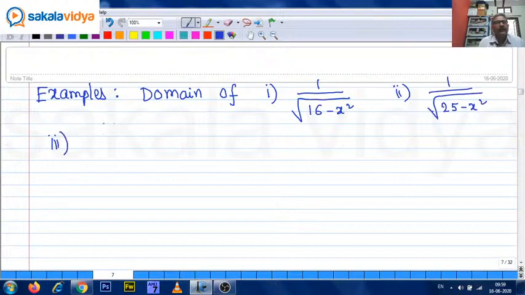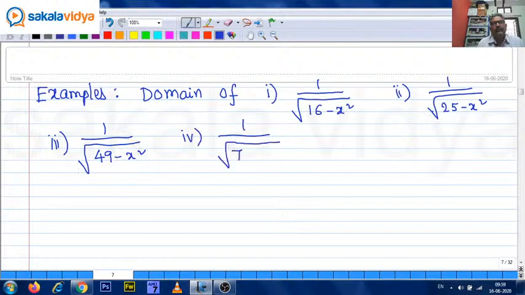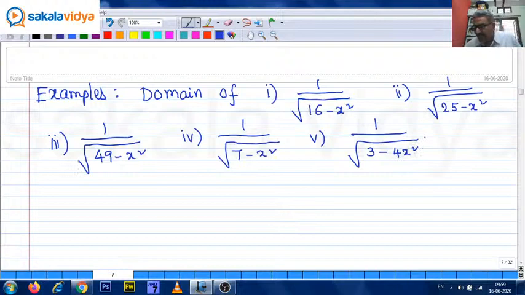Third, 1 by root of 49 minus x square. Fourth, 1 by root of 7 minus x square. Fifth, 1 by root of 3 minus 4x square. Okay, I will give 3 minutes time for you.